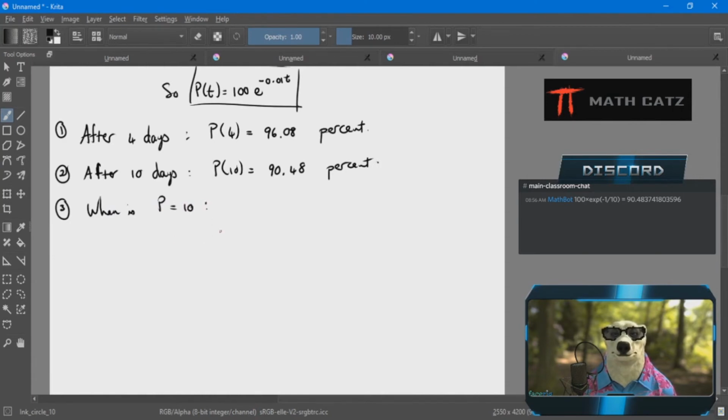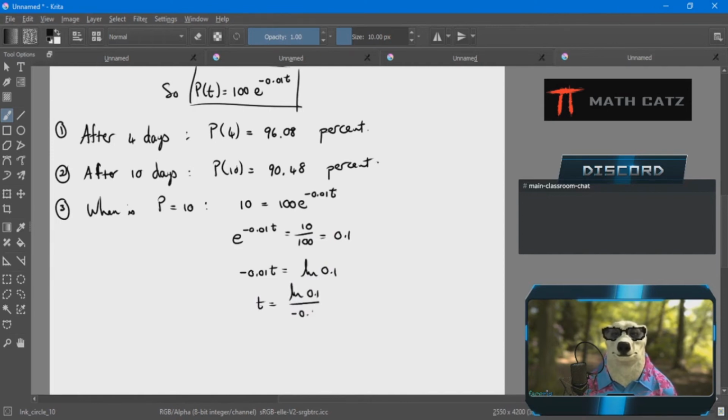Well, that is going to be when I plug in 10 for P and I solve for T. So e to the negative 0.01 t is therefore 10 over 100 or 0.1. So negative 0.01 t is the natural log of 0.1. So t is natural log of 0.1 over negative 0.01. Let's see when that happens.